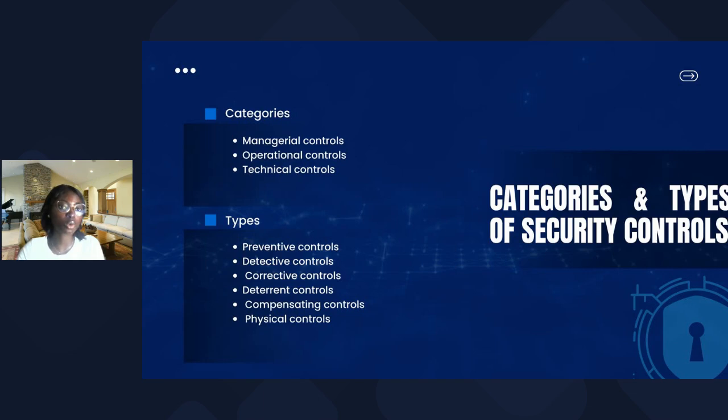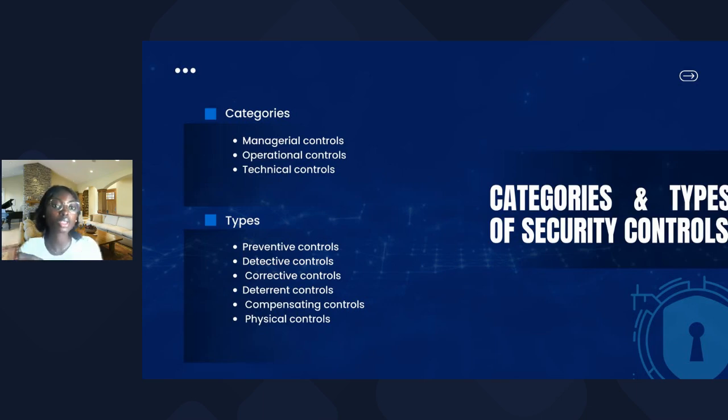Oh, this other one, I'm sure is a combination of physical and technical control, right? One of my slides here is going to explain how some of these categories and types of security control combine with each other. So you can have a particular security control that is preventive and also falls under the category of operational, so you'd call it a preventive operational security control.